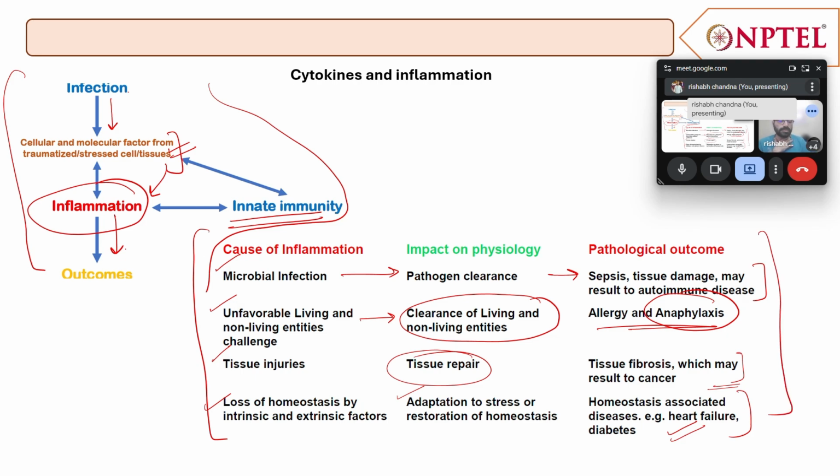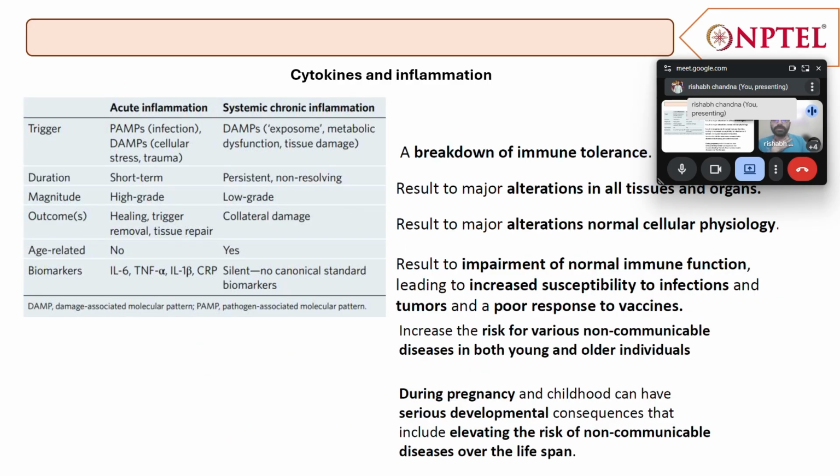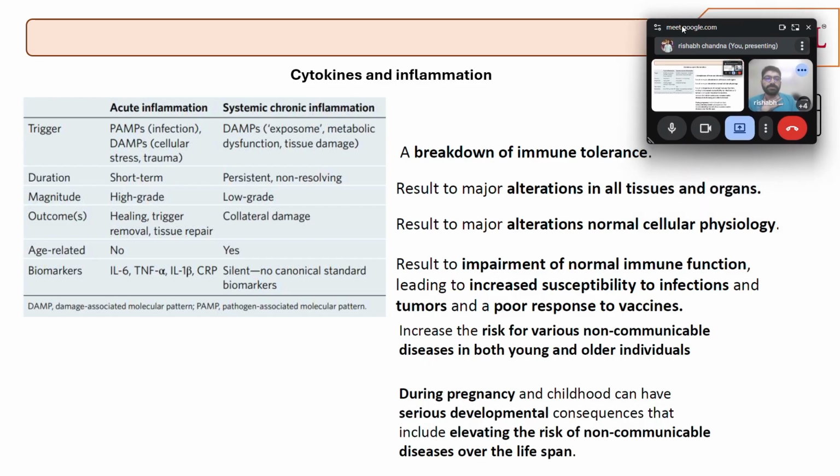Now moving on to the different cytokines, there are two types of inflammation. One is acute and the other one is chronic. Acute inflammation is due to PAMPs or DAMPs, that is pathogen associated molecular patterns or damage associated molecular patterns, that can be cellular stress or trauma.